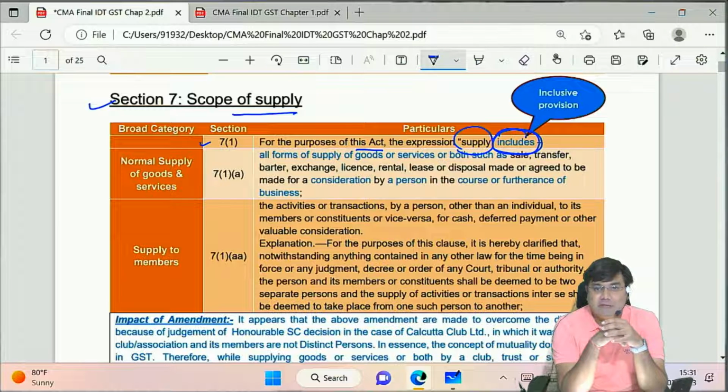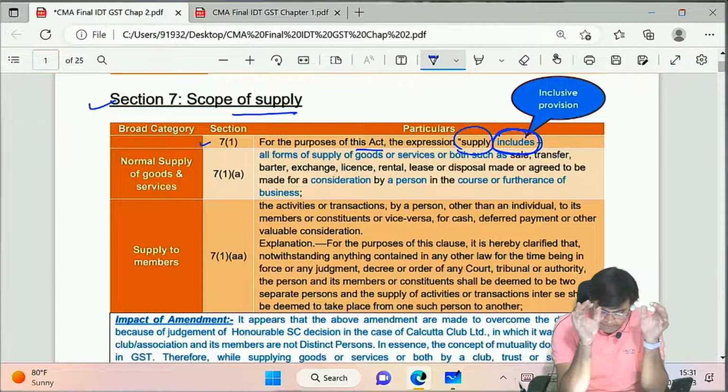Most of you may be using mobile. So for the purpose of this Act, the expression supply includes.